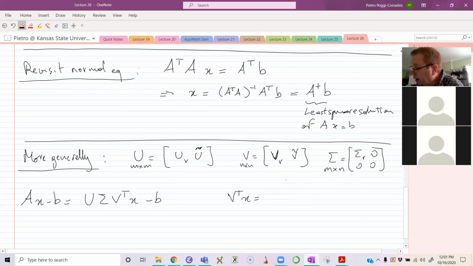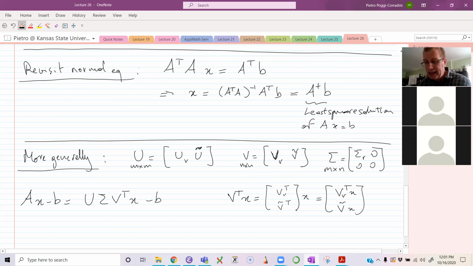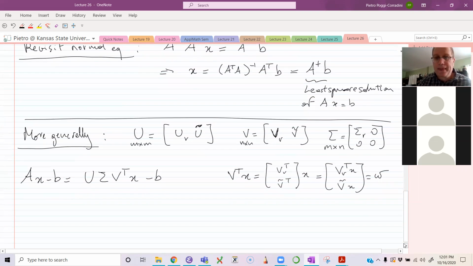So I have V_R transpose and V tilde transpose x, or V_R transpose x, V tilde transpose x. And let me give a name to this. I'm just going to call this W. It's the rotated x.